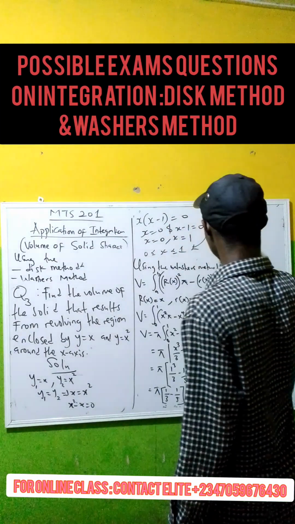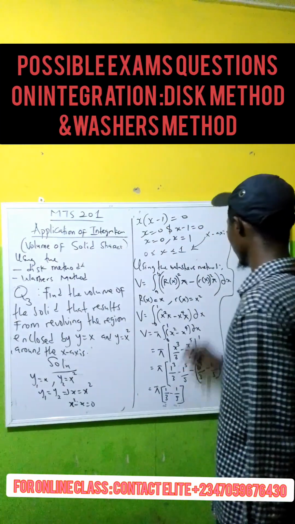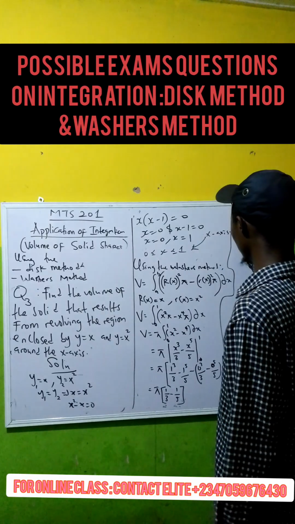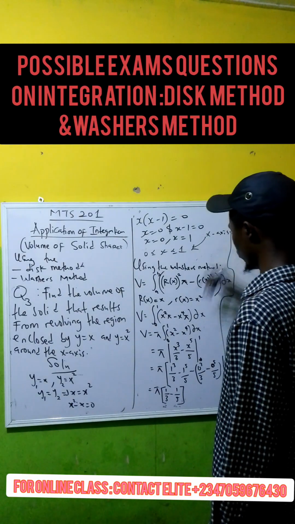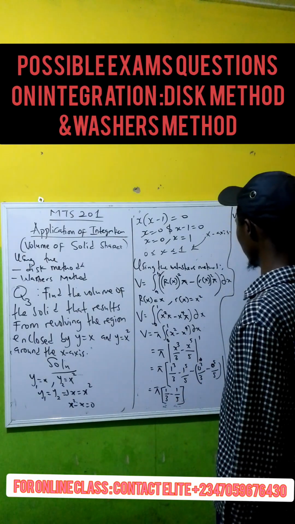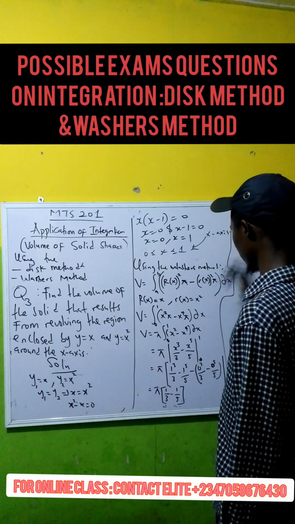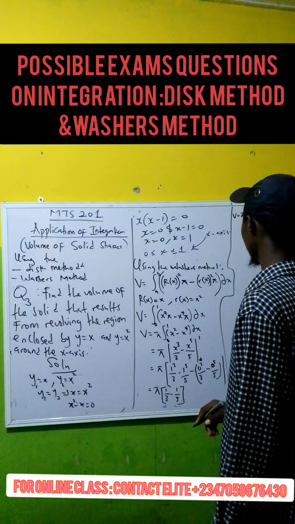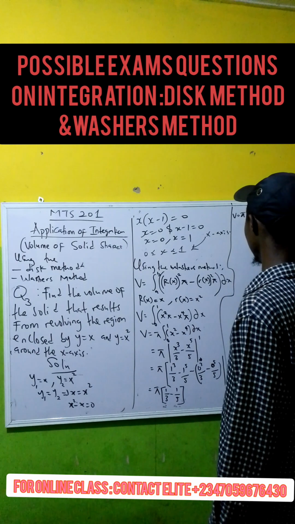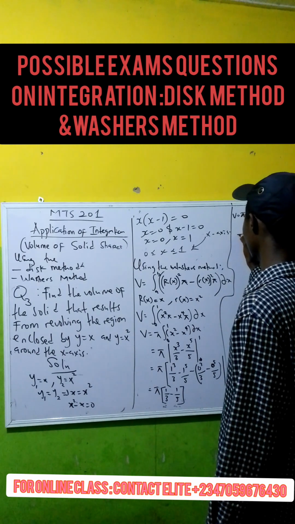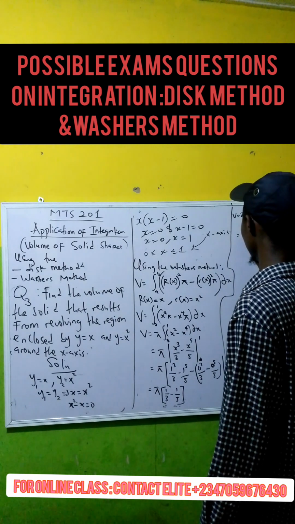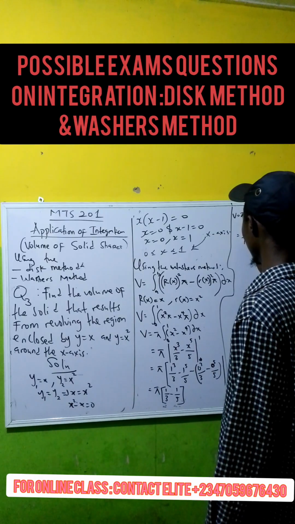So now V equals pi times, with our LCM being 15, (5 minus 3) over 15.